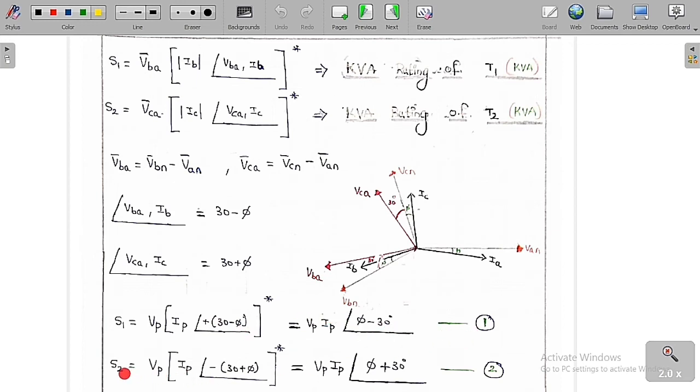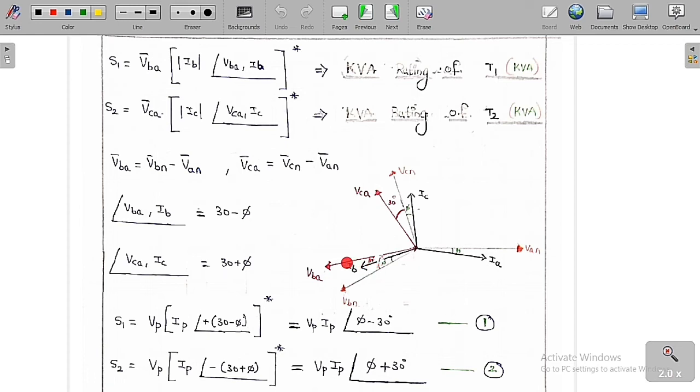And the kVA rating of transformer 2 is equal to VCA, which is the phase voltage VP, into IC, which is the phase current IP, into the phase angle of VC and IC, which is 30 plus 5. If you see clearly, one important point I missed here. If you take VB as a reference, then IB is going to lead.